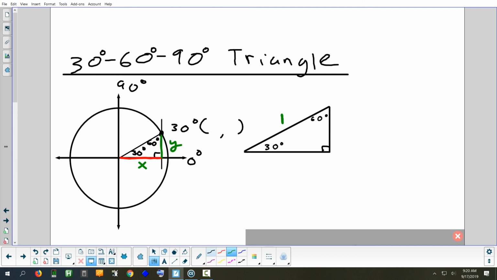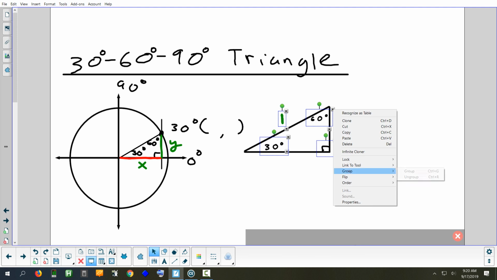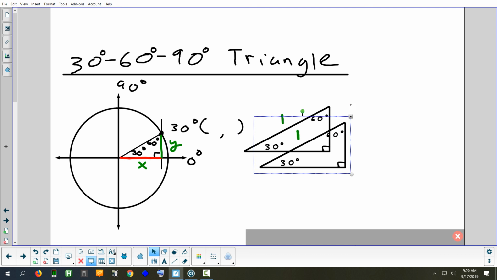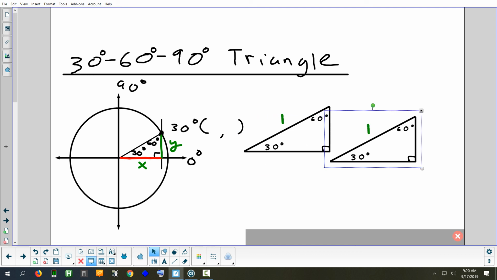So what about if I did this? Well, first I need to put all that together. Let's group all that. Now let's go like that. Can you stack them on top of each other?